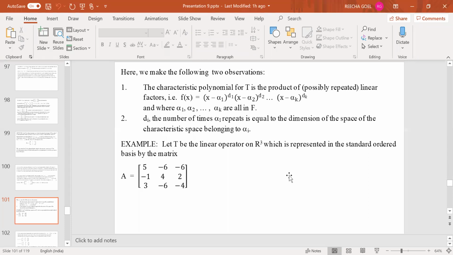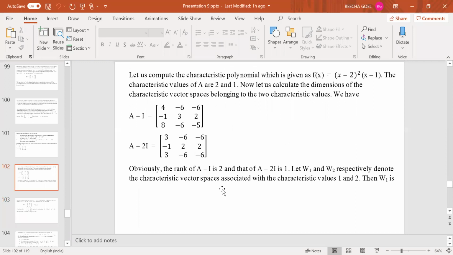Now, before I proceed further, let me look at this particular example. Let T be a linear operator on R cube, which is represented in the standard ordered basis by the matrix A equal to 5, minus 6, minus 6, minus 1, 4, 2, and 3, minus 6, minus 4. I want to see whether this matrix is diagonalizable or not.